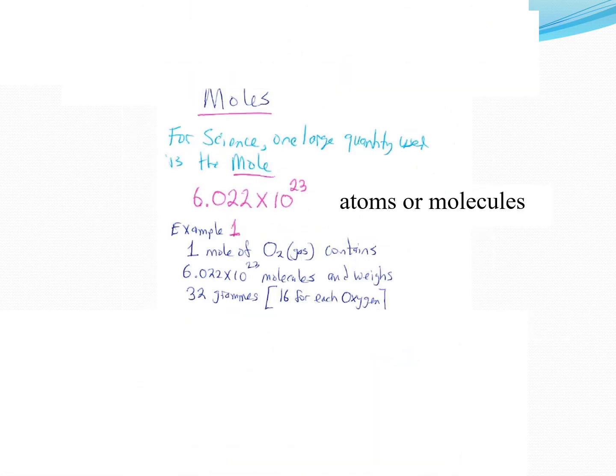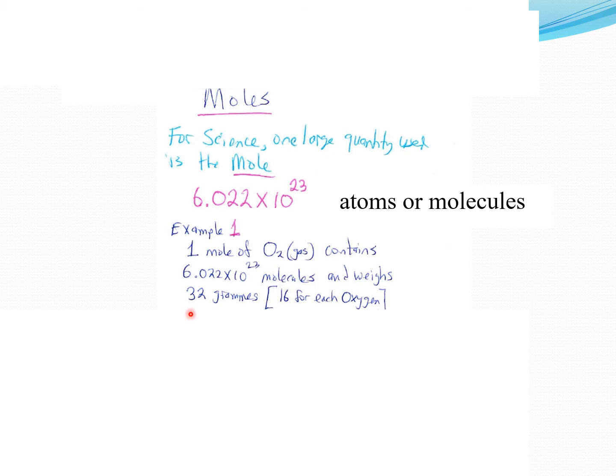Okay, so we look at an application in science. For science, there's one large quantity. It's known as the mole, and 1 mole contains 6.022 by 10 to the 23 atoms or molecules. So we look at an example of that. 1 mole of oxygen gas, O2, contains 6.022 by 10 to the 23 molecules, and it weighs 32 grams.